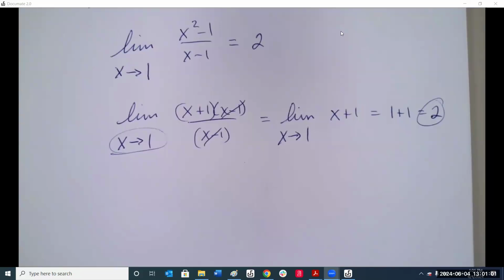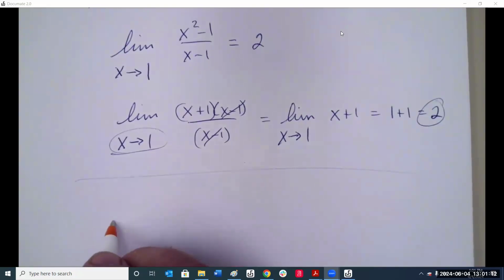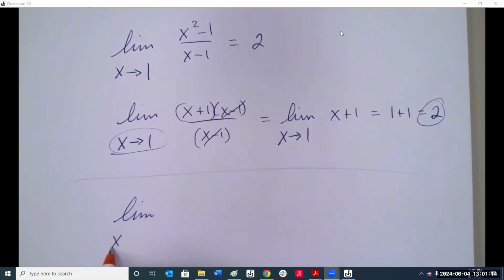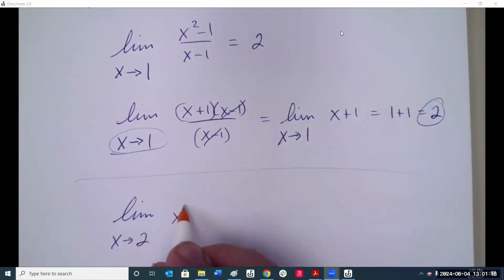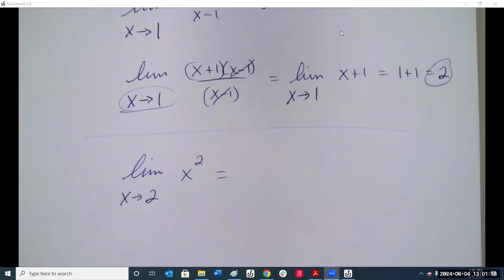So we're always going to have a point at which we're approaching. That'll tell us what point we're approaching. Well, and sometimes you can get to it. For example, I can give you the limit as x approaches 2 of x squared. What's that going to equal?